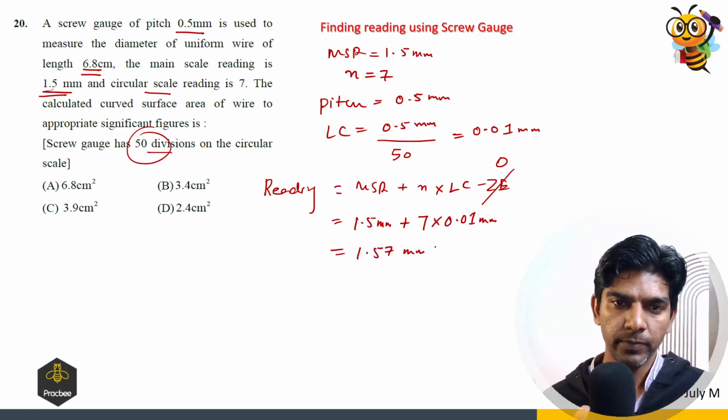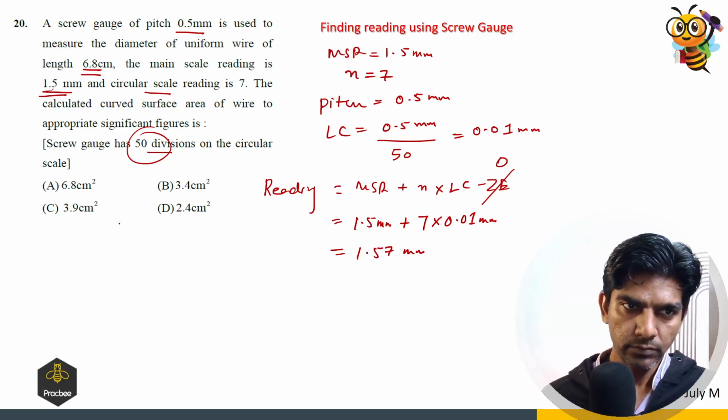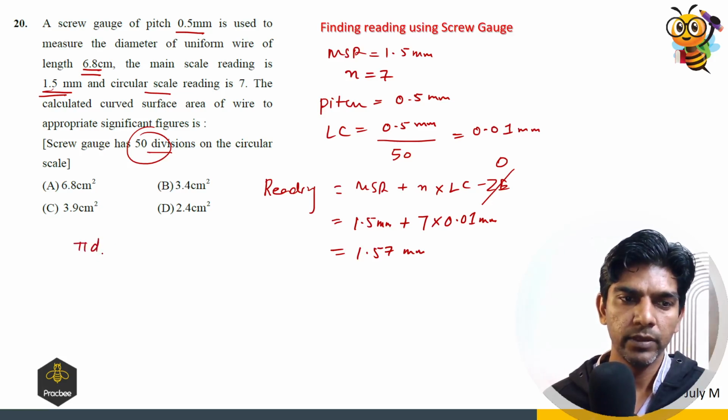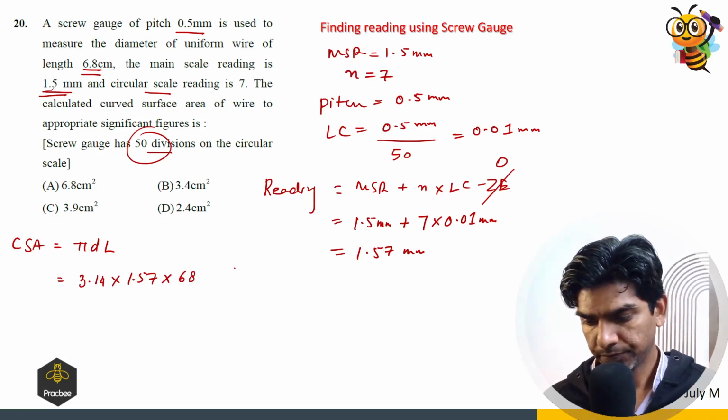So we got the diameter, and we have to find the curved surface area, which is pi d times the length. That is the curved surface area. So it will be 3.14 times the diameter, which is 1.57, times the length, which is 68 millimeter.